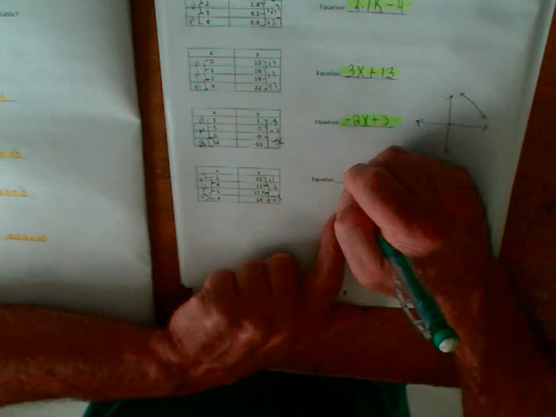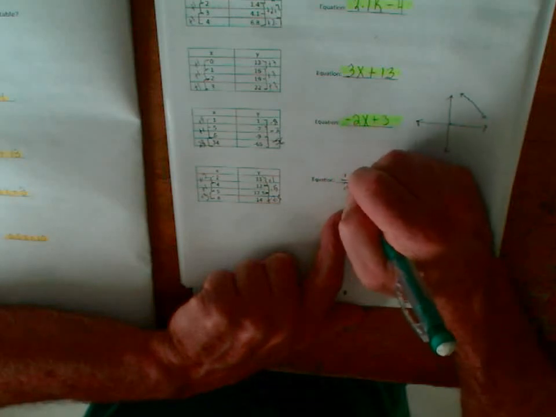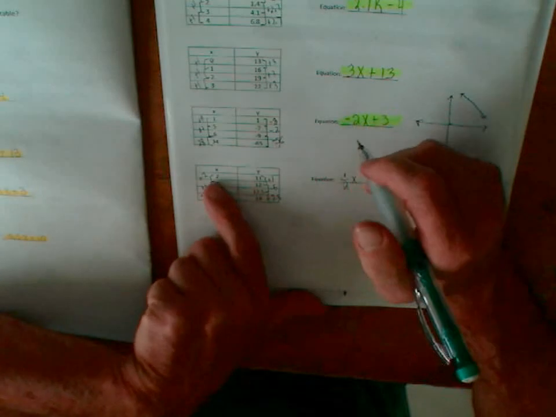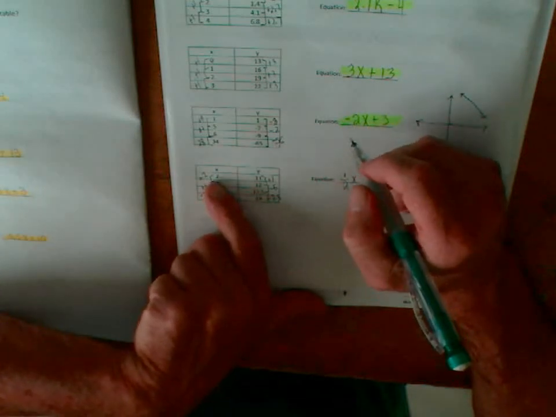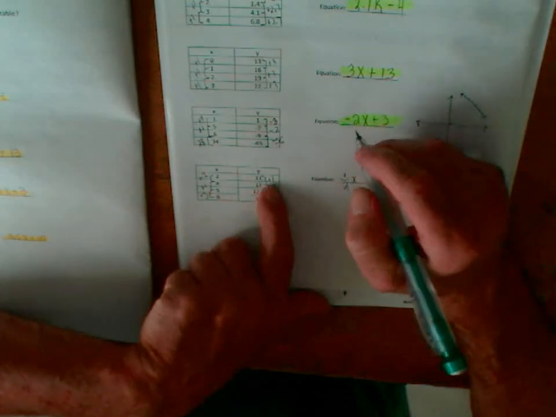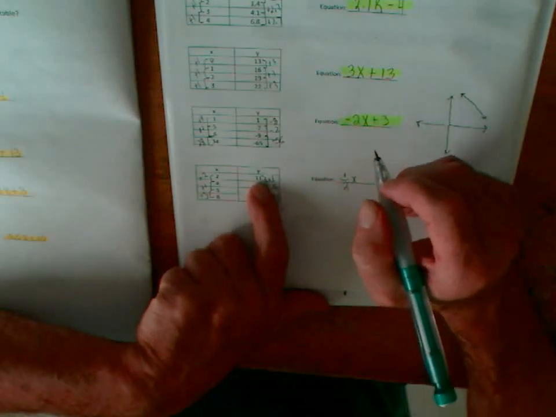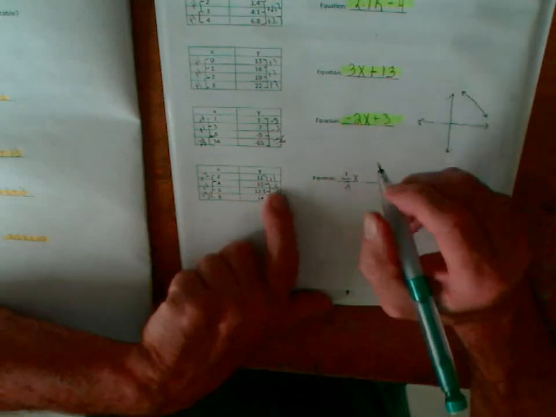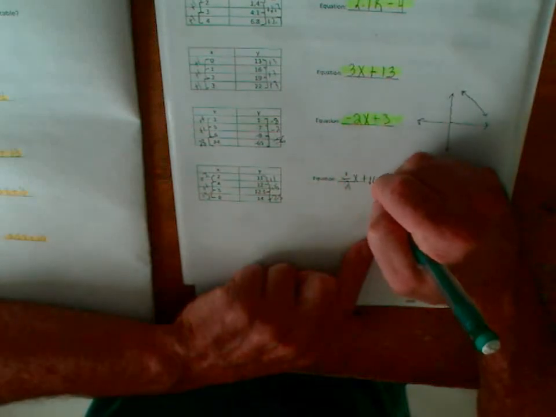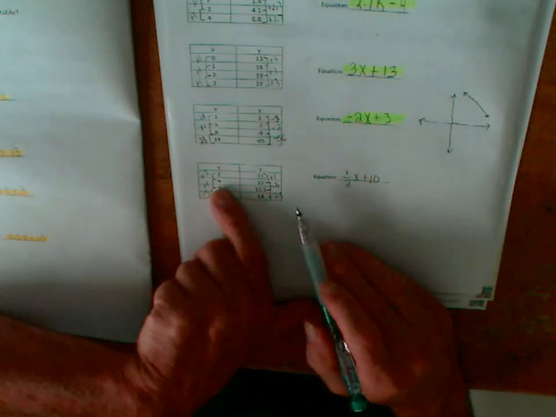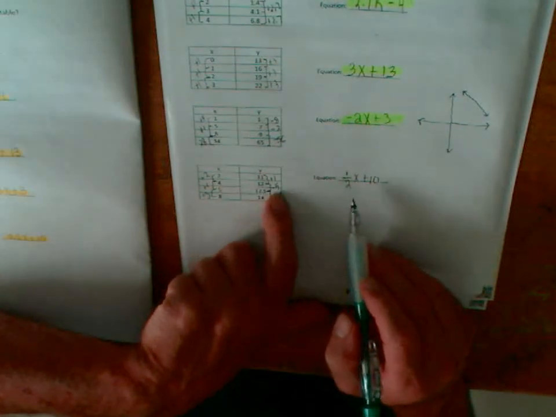So 1/2 x. Now what are we doing? 1/2 of 2 is 1 plus 10 gives us 11, and the rest would work out too. Half of 4 is 2. 2 plus 10 is 12.